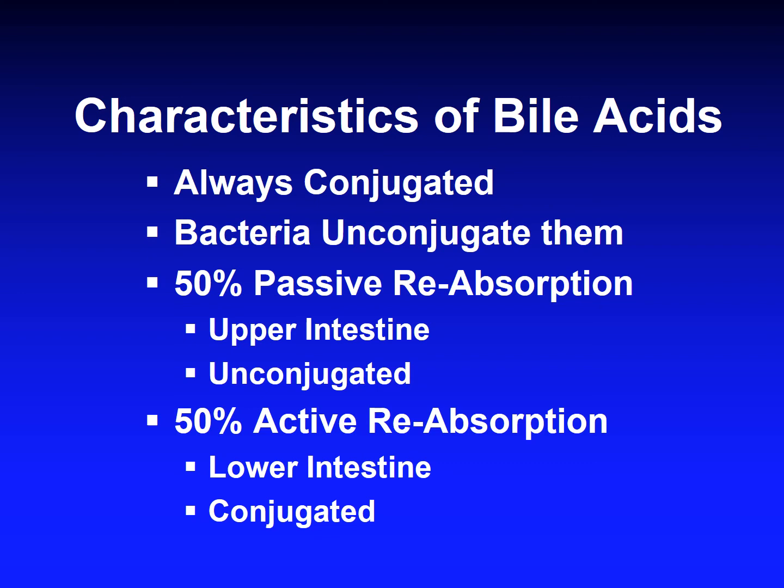So when you collect bile acids, you will have them all conjugated, despite the fact that they are reabsorbed. Half of them are reabsorbed from the upper intestine, and half from the lower intestine. It's as simple as that. At the very end point, they are all conjugated. This is a very important thing to remember: 50% are absorbed from the upper gut, 50% are reabsorbed from the lower gut.